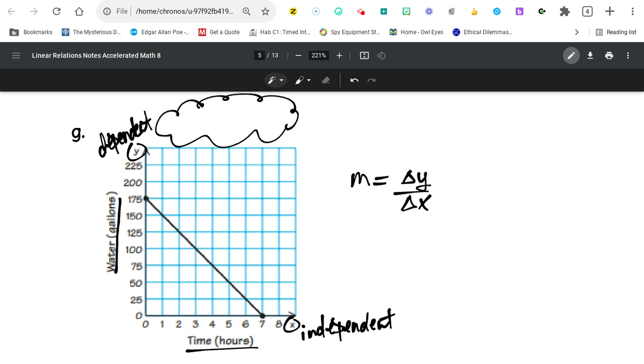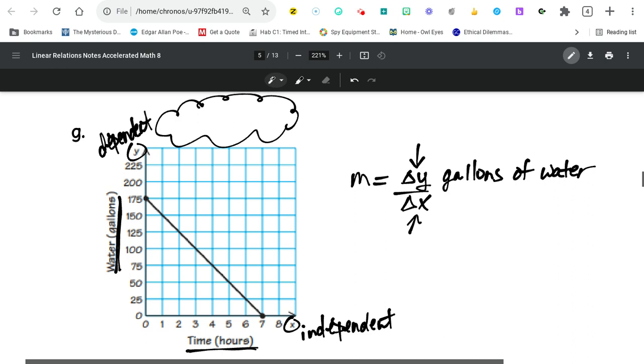So since y is on the top in the numerator, that dependent variable is talking about gallons of water. You can just look on the y-axis and tell what that is. And then the x-axis is talking about your time in hours. So it's just talking about hours.